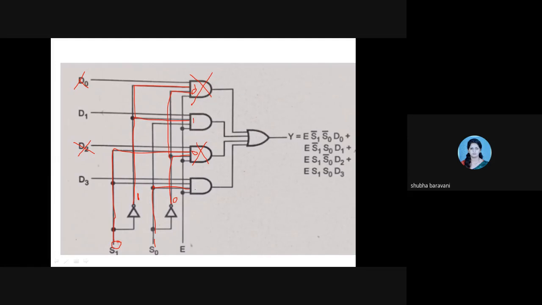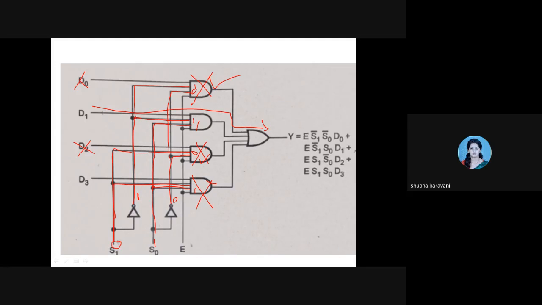But see, the 0 of S1 is being applied here. It means even this AND gate will not work. And this one, S0 is 1, it will come up till here, come here. So you get output 1. Enable is by default 1 and this D1 is there. So AND gates number 1, 3 and 4 are not going to work. So my D1 is going to be reflected at the output.